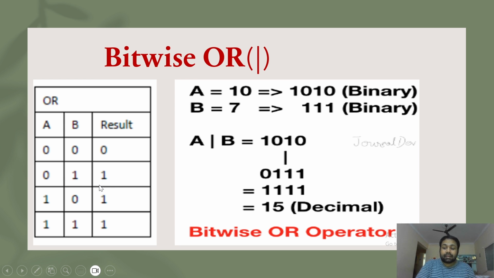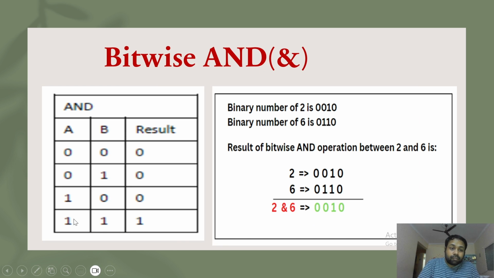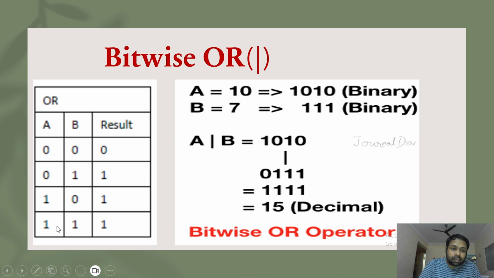Coming to AND, both should be 1 to become 1. In all remaining cases, your answer is 0. But in case of Bitwise OR, if at least 1 is there, then answer is 1. In order to get the result false 0, both the values should be 0. 0 or 0 is only 0. Remaining all cases 1.